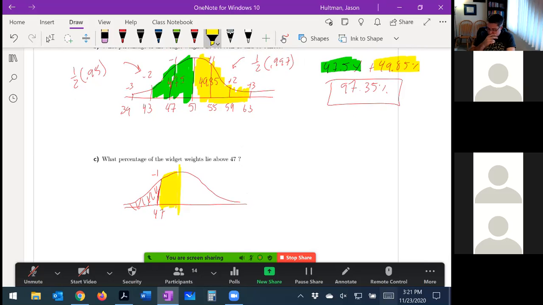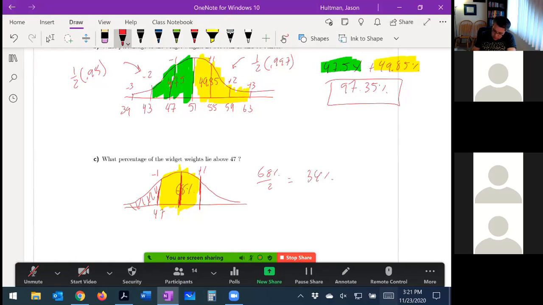So you've got to think about this for a second. Between 1 and -1 for the empirical rule is 68%. So in here is 68% of the graph. If I were to cut that in half, 68% divided by 2 is 34%.